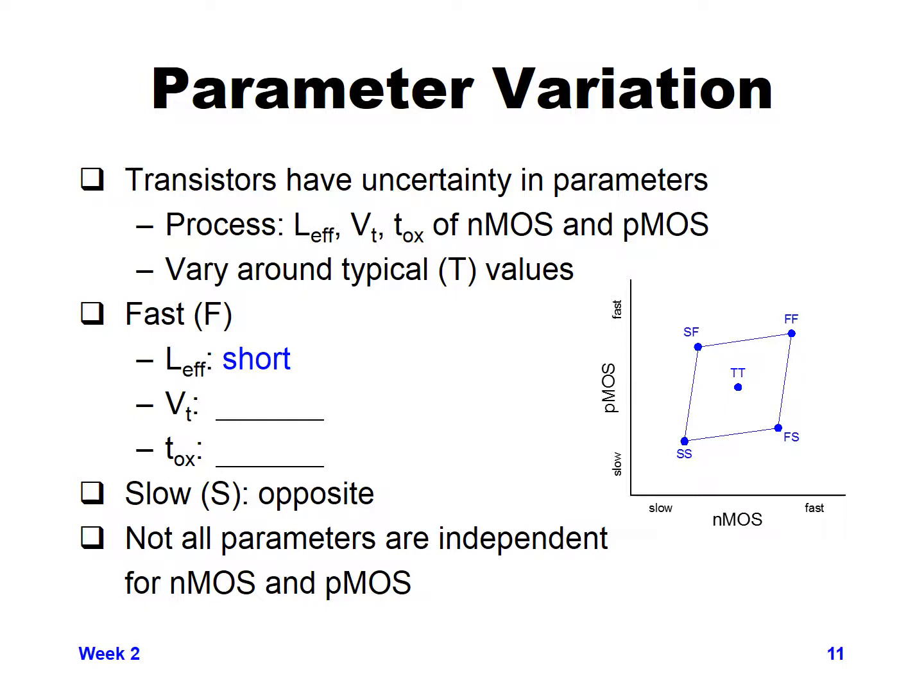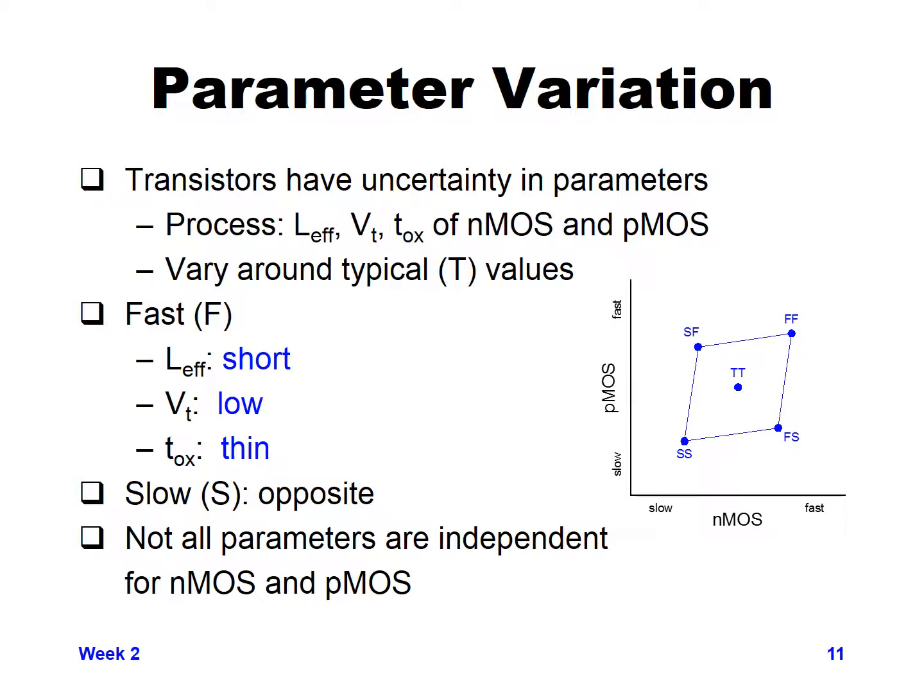So smaller threshold voltage would be faster. And then Tox, as you reduce your oxide thickness, your electric field goes up and you attract more carriers to your channel, and so that causes more current. So a lower or thinner Tox causes a faster device.